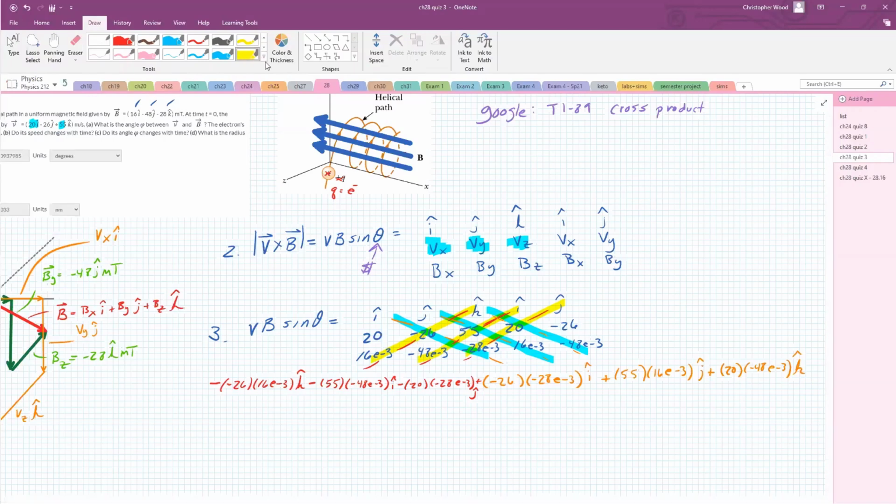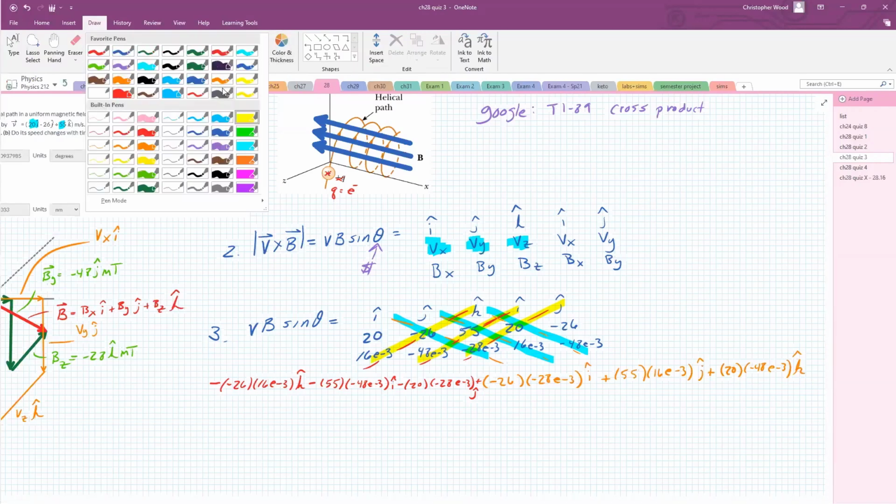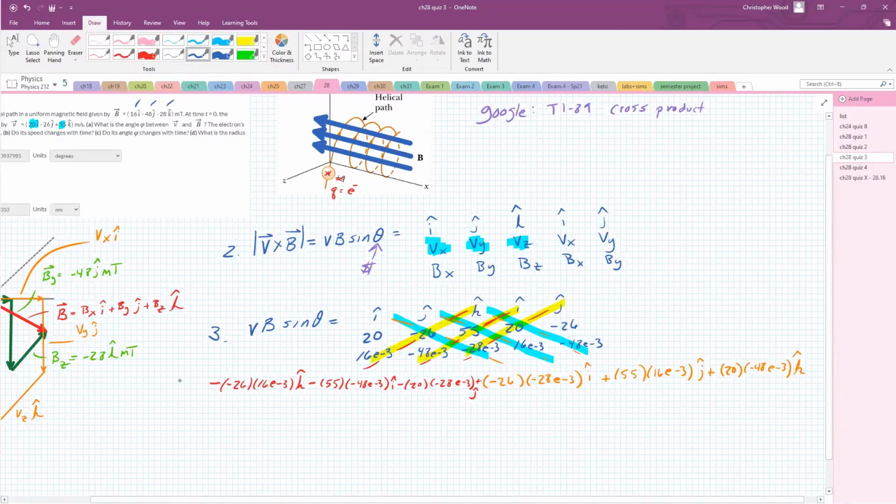I was going to say I'm pretty much done, but there's a few more steps. I'll stick with you up to a point and then give you some nice alone time to finish this problem. All right, so here's V cross B. V cross B equals, and then I'm going to spend a little bit of calculator time.